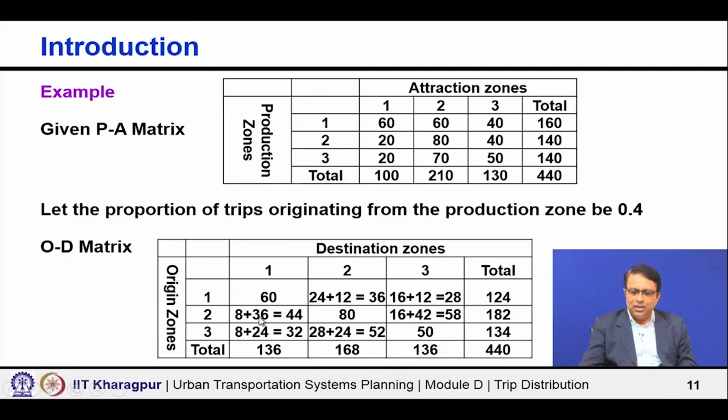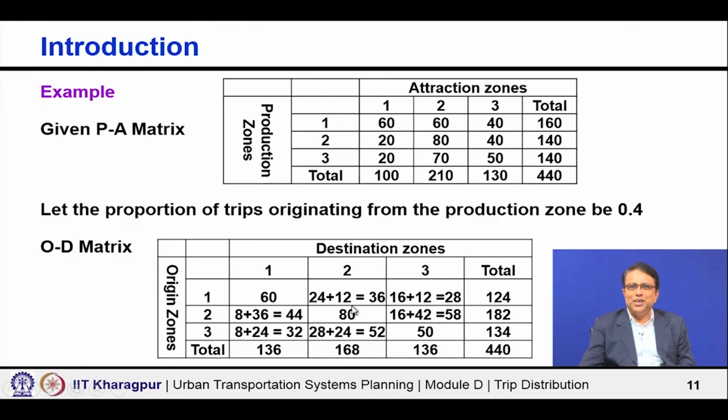How do we get the 36? 36 is 60% of this 1 to 2 cell of the PA matrix. That means 60% of 60, that is 36. Now, for these 36 trips, the production is in zone 1, attraction is in zone 2, but travel is being made with origin as 2 and destination as 1.